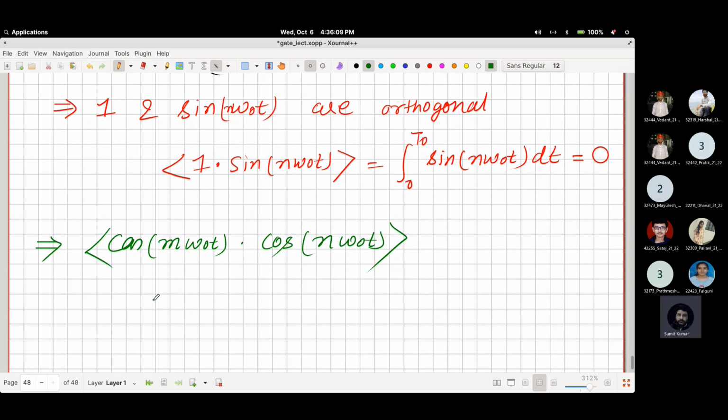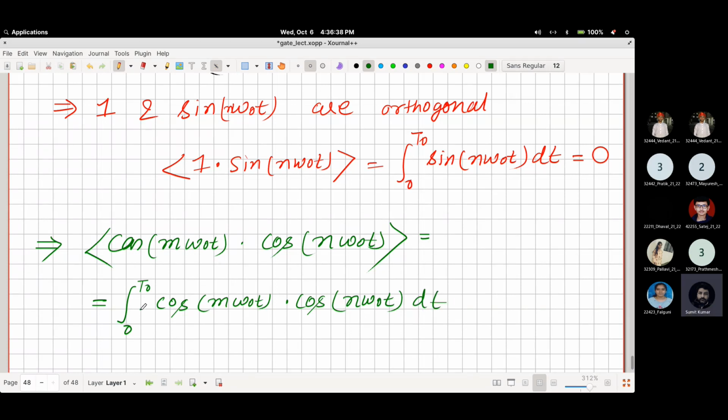That is the next question, and we can investigate that. So this will be equal to integral 0 to t naught, integrate करते हैं हम लोग दोनों को multiply करके, यही है ना dot product. So this will be cos m omega naught t times cos n omega naught t and dt.